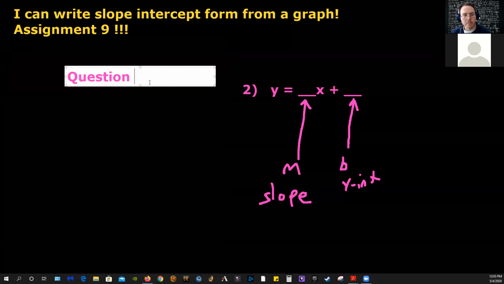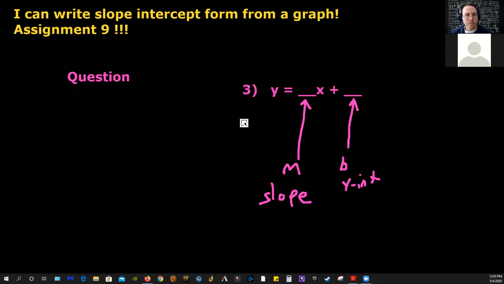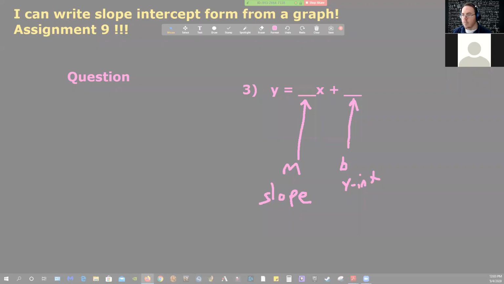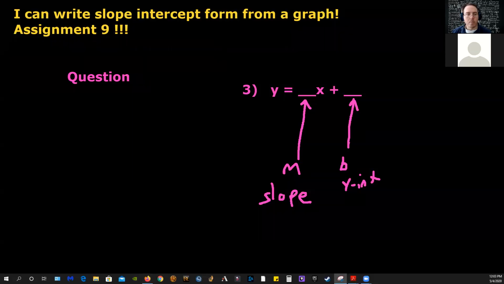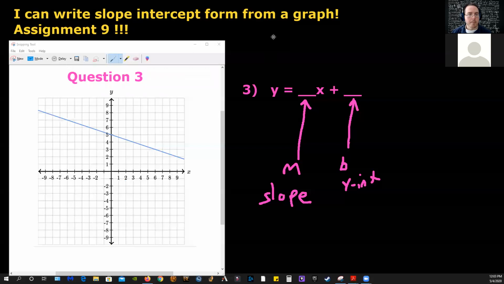Here comes question 3. Here comes some dots to make it a little bit easier to see.